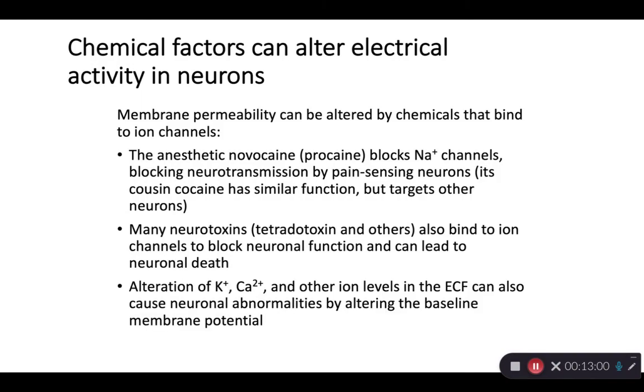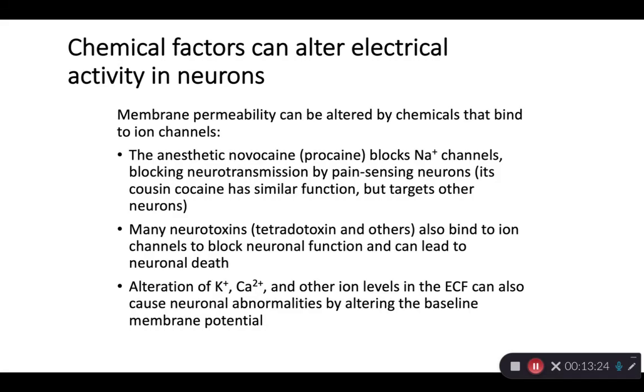Okay, and then finally, the last thing I wanted to mention is that another thing that can alter a neuron's ability to fire an action potential, because it's based on the membrane potential, the difference in charge between inside and outside the cell, is if you have alterations in the levels of ions, something different from normal in the interstitial fluid.